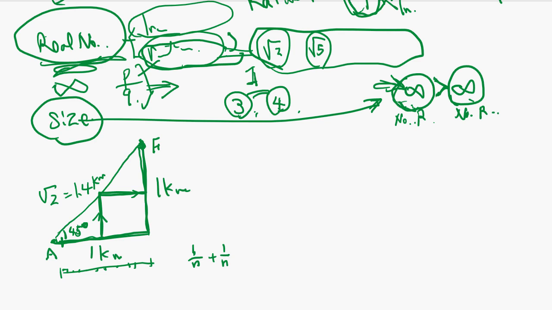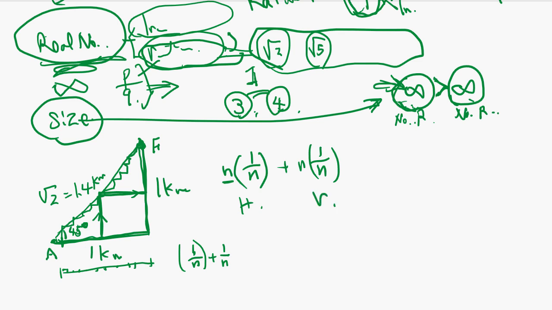And I repeat this, get very close to 1.4, this straight line, then I can save the path. Okay, that's what he thought. How many of 1 over n do you need? n of 1 over n for horizontal and n of 1 over n for vertical, right? So it's going to be 2.